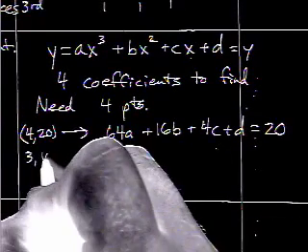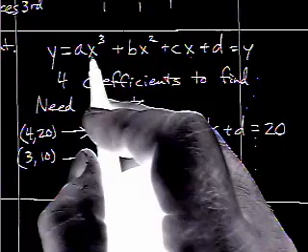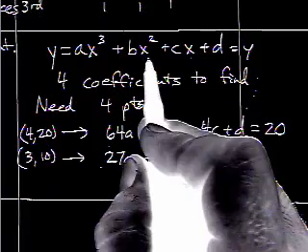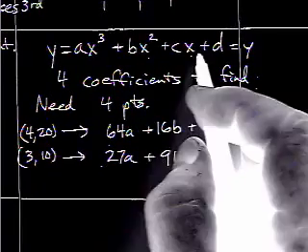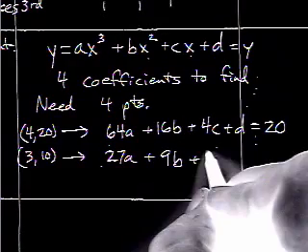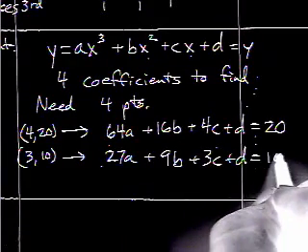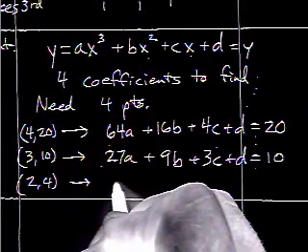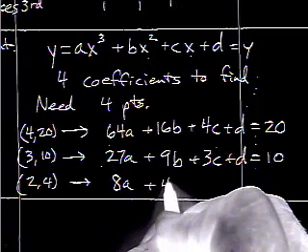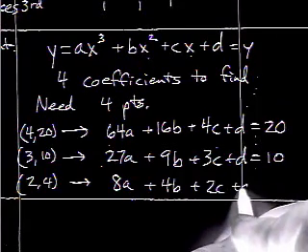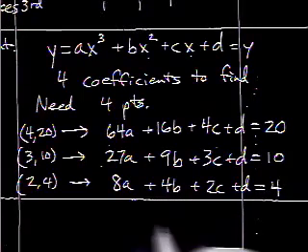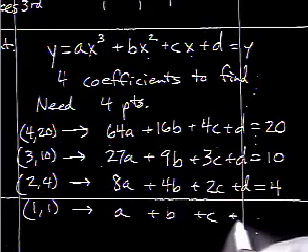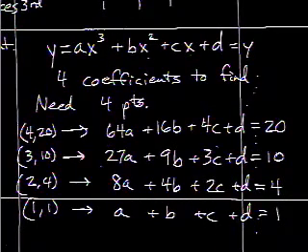My next coordinate, 3, 10: 3 cubed would be 27 a's, and 3 squared would be 9 b's, and 3c, and 1d equals 10. And 2, 4: 2 to the third would be 8 a's plus 4 b's plus 2 c's plus 1d equals 4. And 1, 1 just gives me A plus B plus C plus D equals 1.